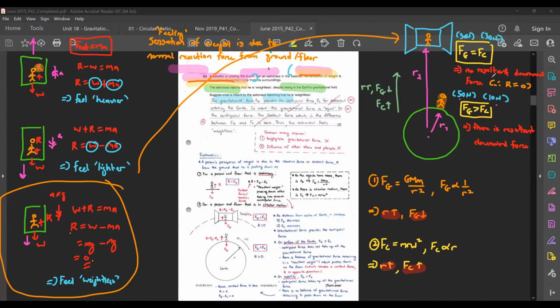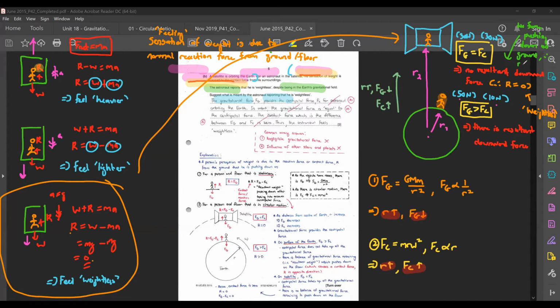If no force is exerted on the ground, your reaction force is 0, so the person will feel weightless. Let me add some other statements: no resultant downward force, so no force pushing down on the ground.